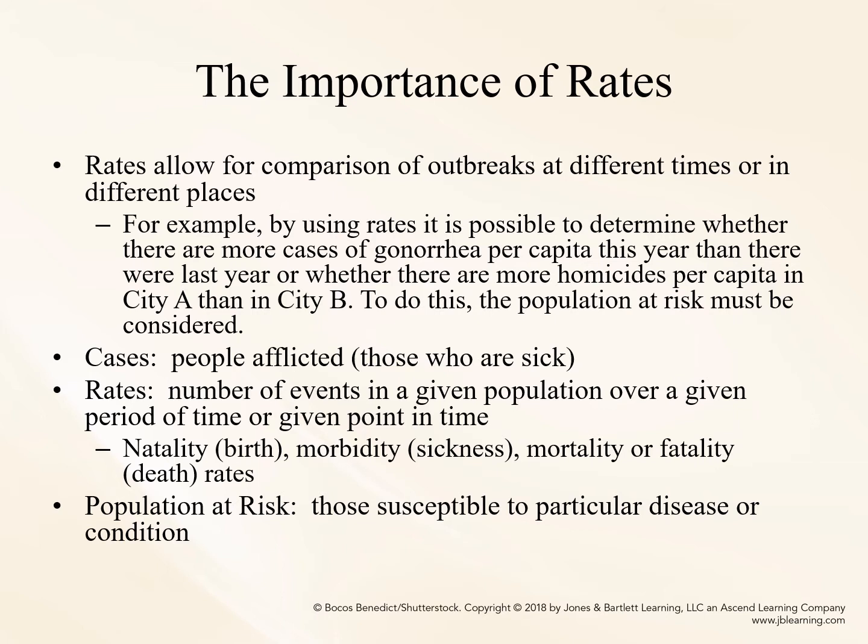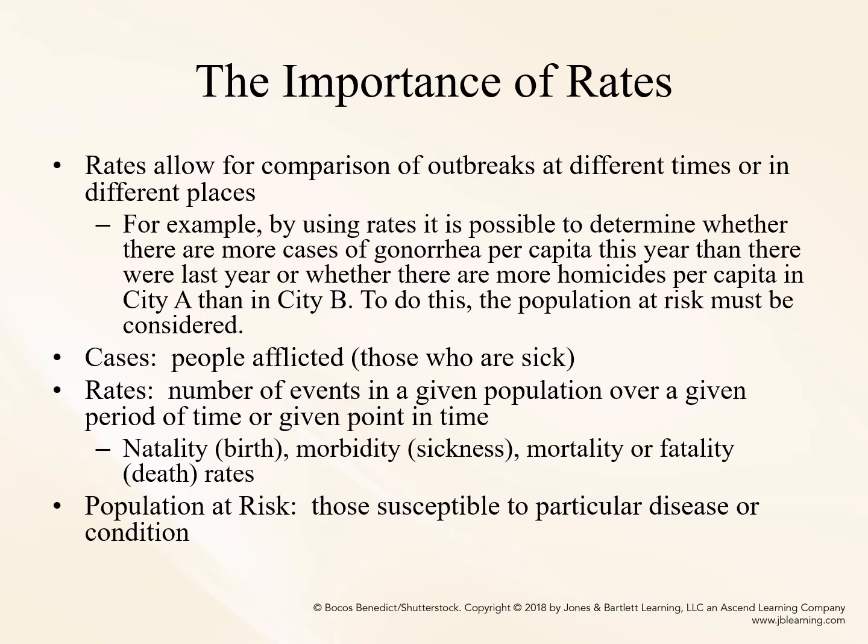So that is rates, and rates is really just the number of events, okay? So we often talk about it in terms of birth, cases of a disease, or number of people with the disease, or deaths. And there are three general categories of rates. We have birth rates, also known as natality rates, morbidity rates, which means sickness, and mortality or fatality rates, which means death.